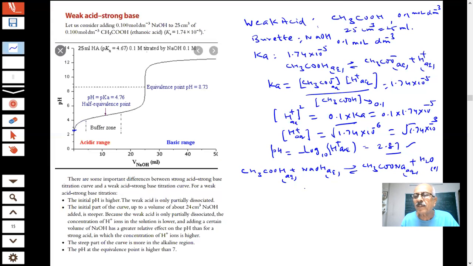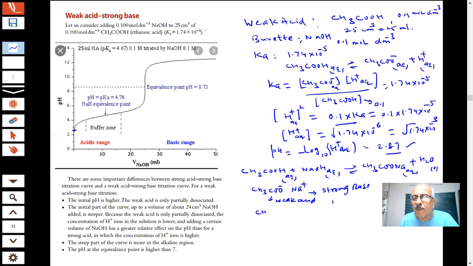Now, what type of salt is this? This is a salt of a strong base and a weak acid. This undergoes hydrolysis. If it is hydrolyzed, what will happen?